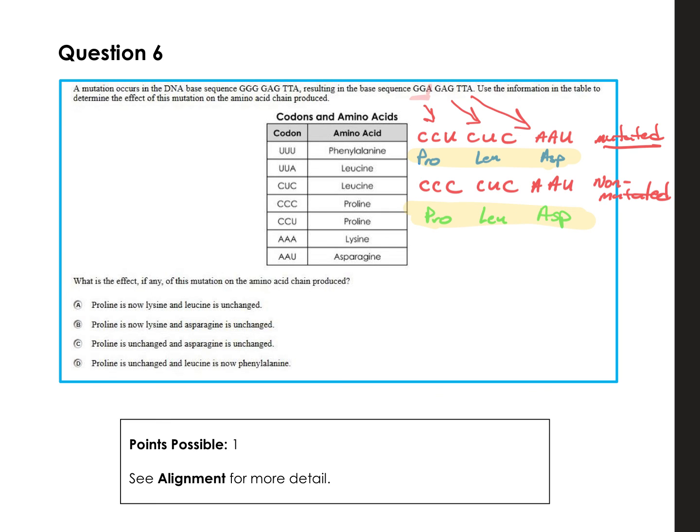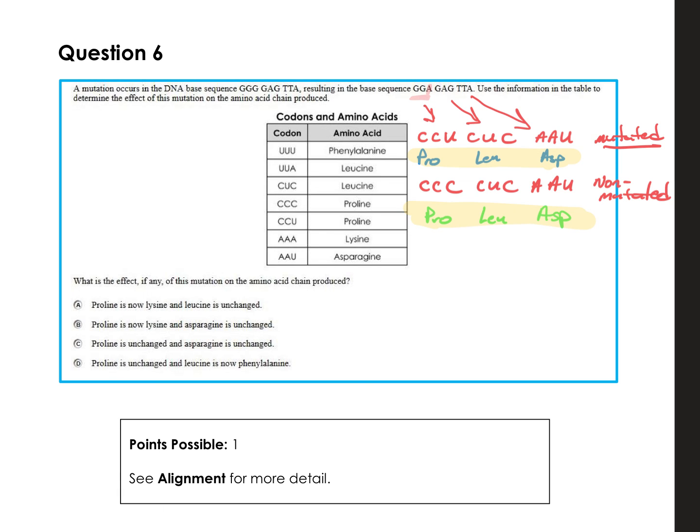There is a mutation in the DNA. The mutation went from a G to an A. That did give you a different RNA, but because of the redundancy of the genetic code, it did not change the amino acid, because there's two ways to get proline. Do you see that?